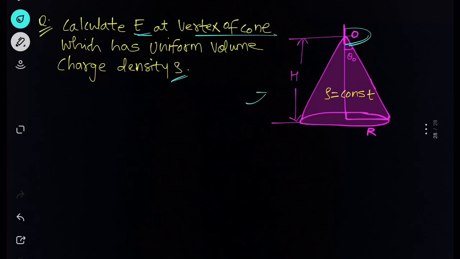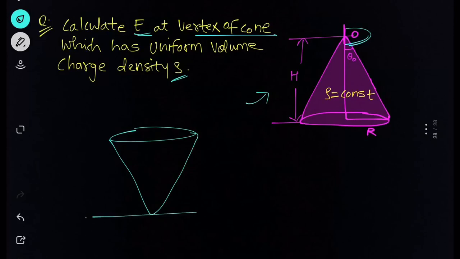So in this diagram, we can just invert this diagram like this. We are not going to change any of the quantities, we are just inverting our cone. And now just assign our coordinate system. And in the case of a cone, we always have to use spherical coordinates. It would be easy, spherical coordinates.